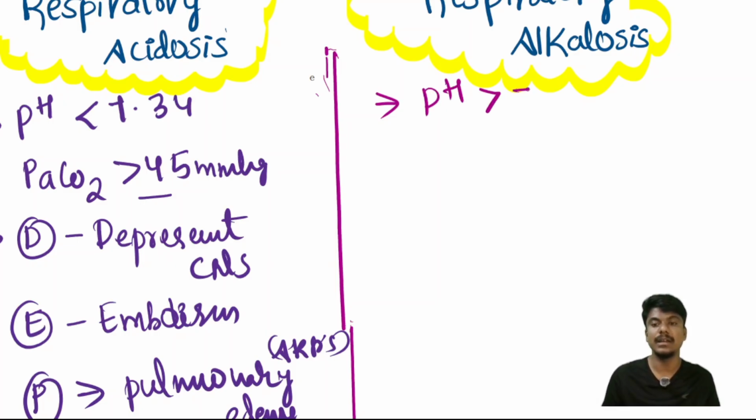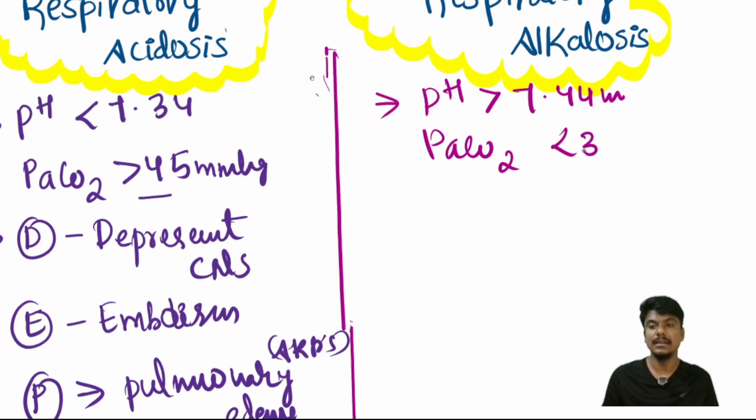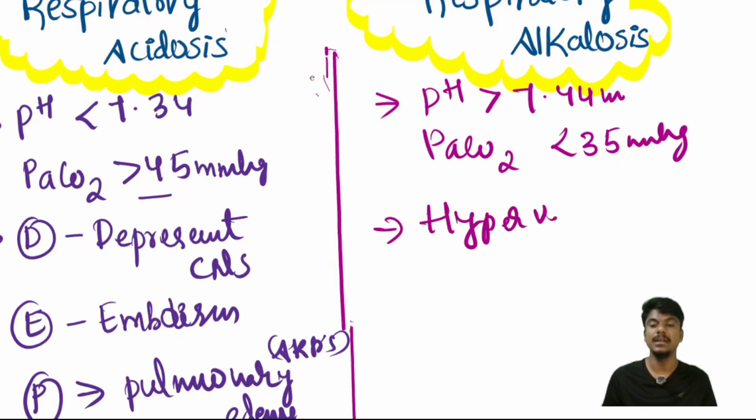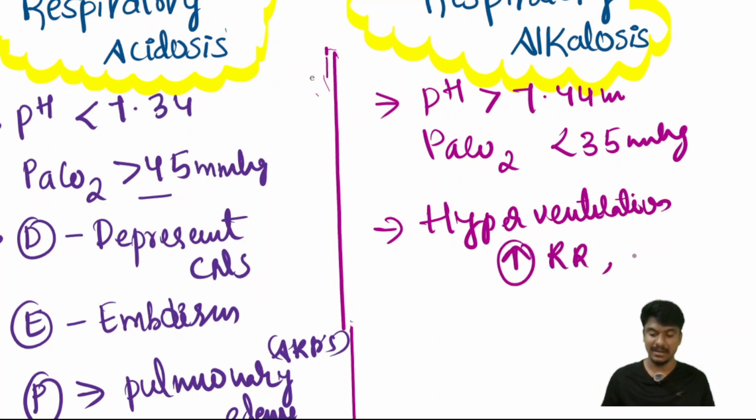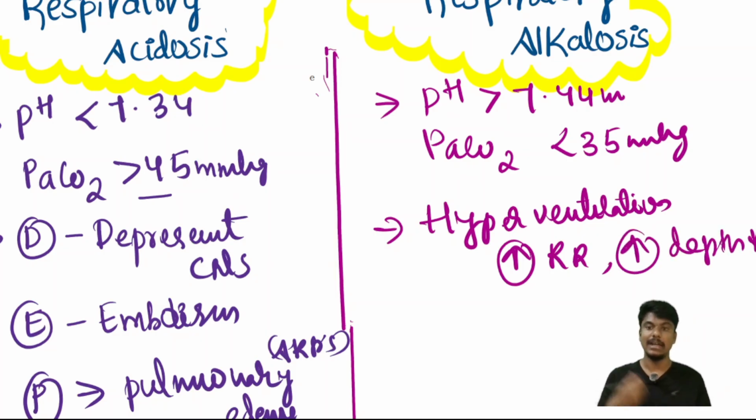Here pH will be more than 7.44 and PaCO2 will be less than 35 mmHg. The patient will be having hyperventilation, a more respiratory rate, tachypnea, and increased depth of respiration in alkalosis.